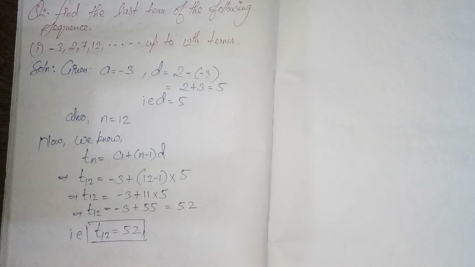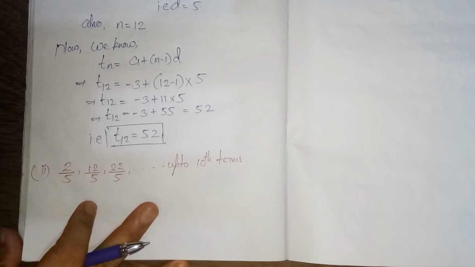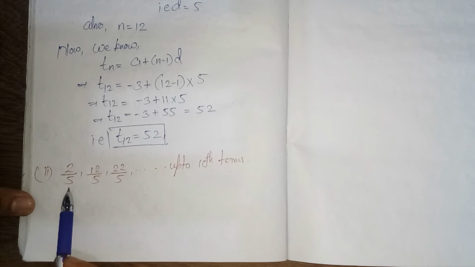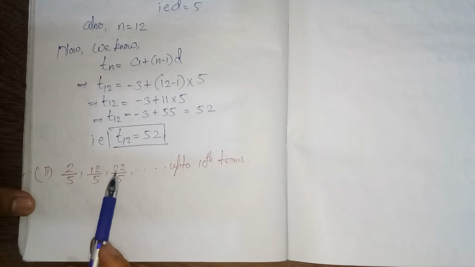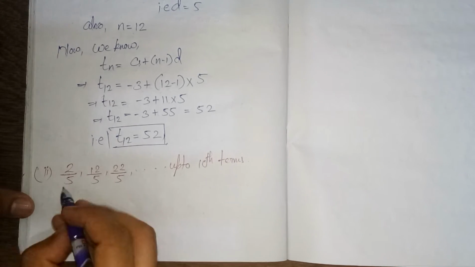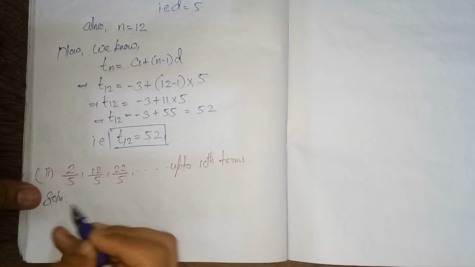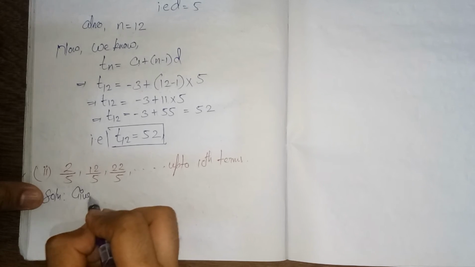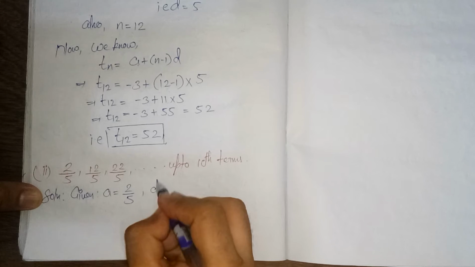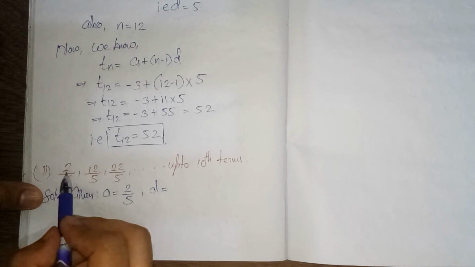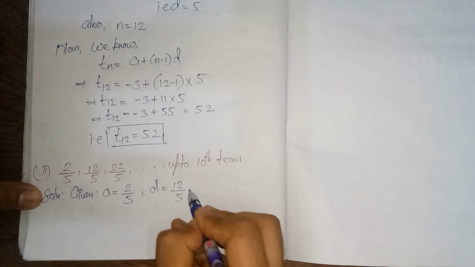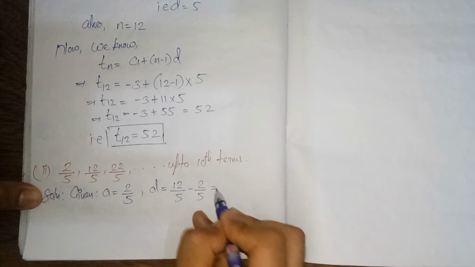So I have just written the second question. The sequence given here is 2/5, 12/5, 22/5 up to the 10th term. Simply, first you have to write the information: given a is equal to 2/5, and d is equal to the second term minus the first, which gives 12/5 minus 2/5.